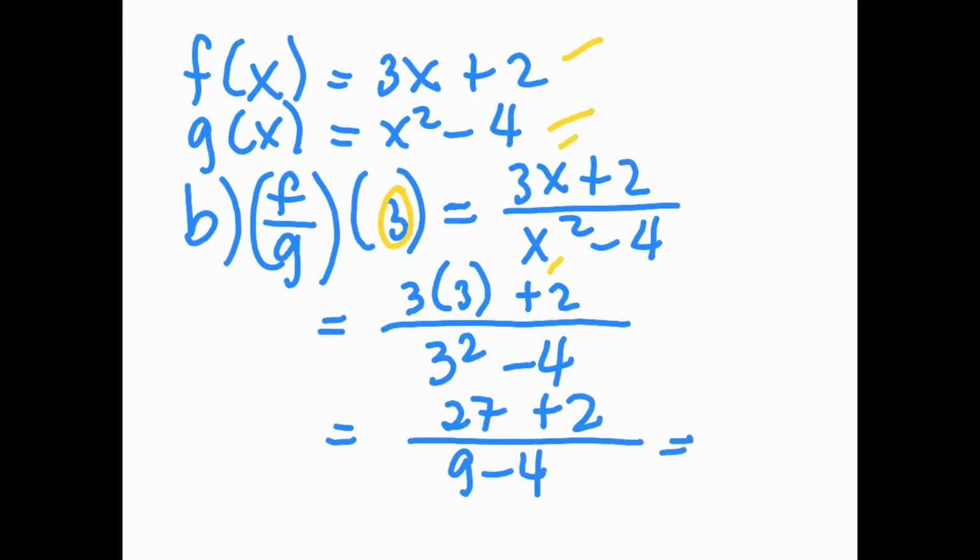Simplifying further, this will now be 29 all over 5. So this is now f divided by g of 3.